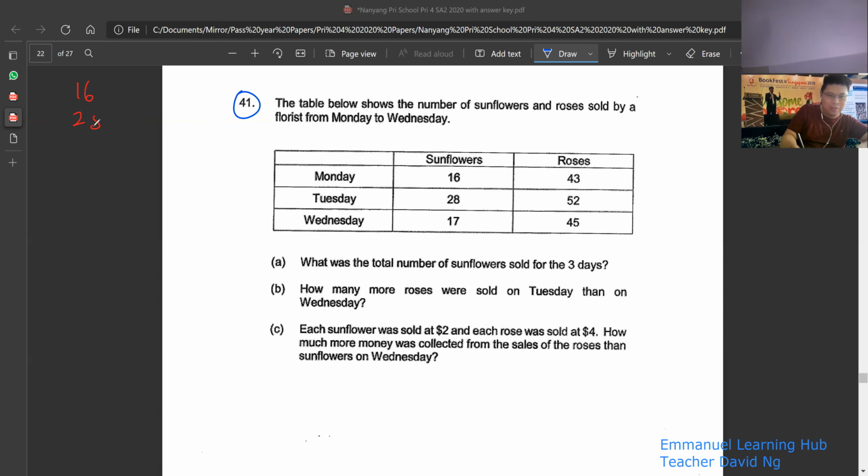Good. So you add everything together, what do you have? 61. Good.